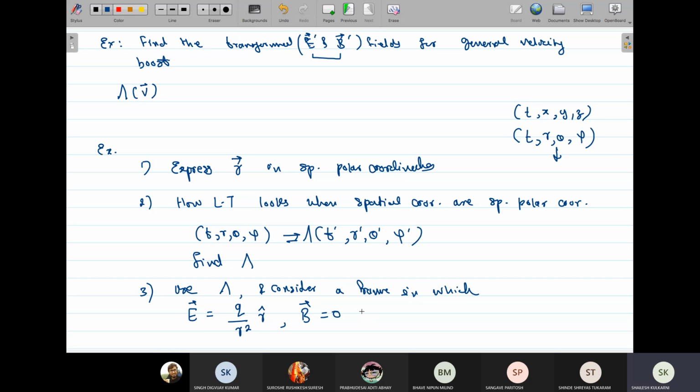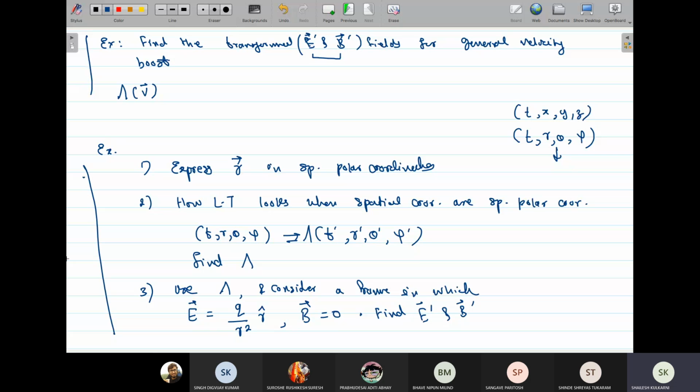Find E prime and B prime in spherical coordinates. I want to see how this 1 over r squared behavior changes when you transform. Is this question clear? So try this.